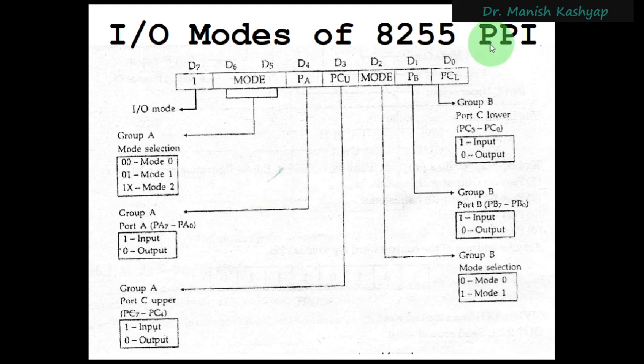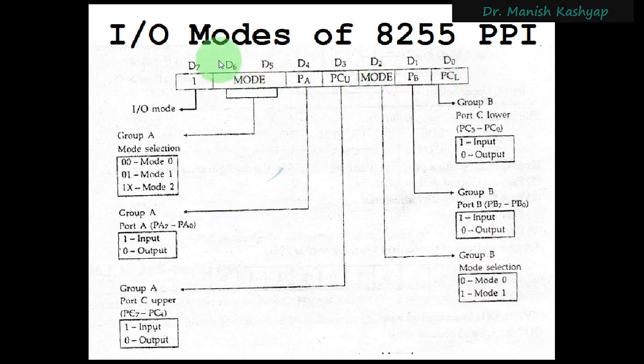The microprocessor can modify this control word register according to its wish. The microprocessor will be sending the information to this, and this control word register will be modified accordingly, and accordingly this 8255 PPI IC will perform, right?